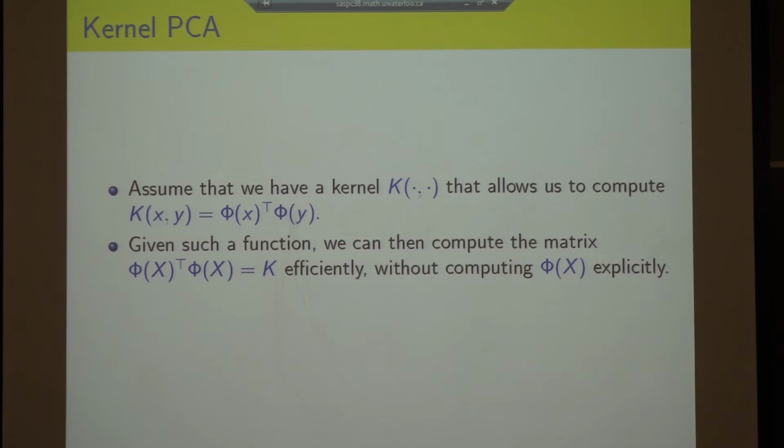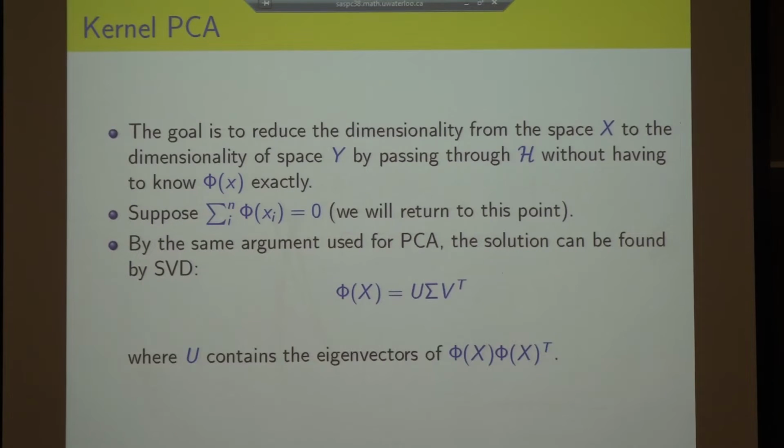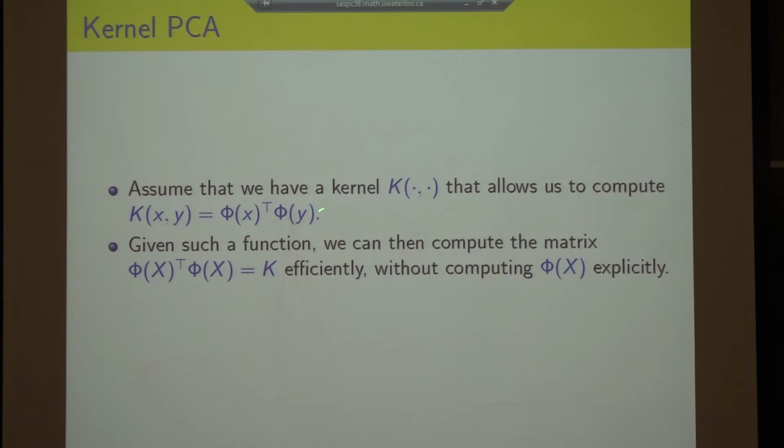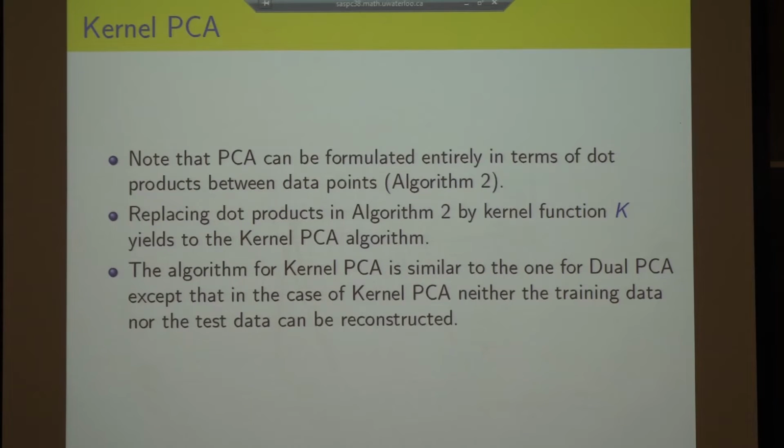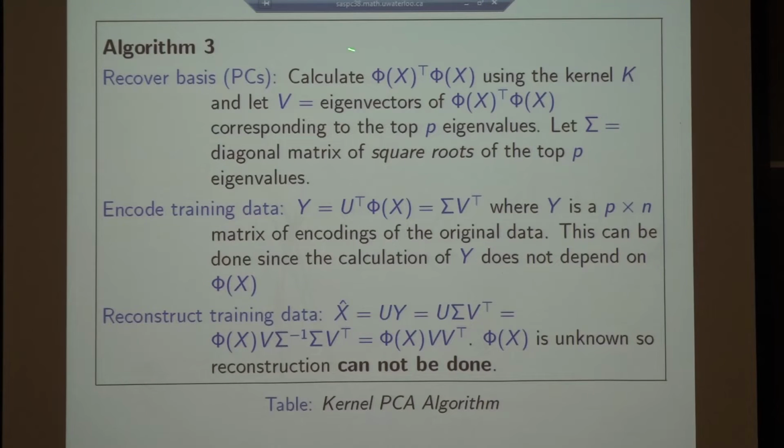So I compute a kernel, and then I go for everything. Let me show you that. Here we have a kernel, which is phi of x transpose times phi of x, defined this way. And then everything is just a dual PCA. I do eigen decomposition on phi of x transpose phi of x, and it gives me V and sigma as well.